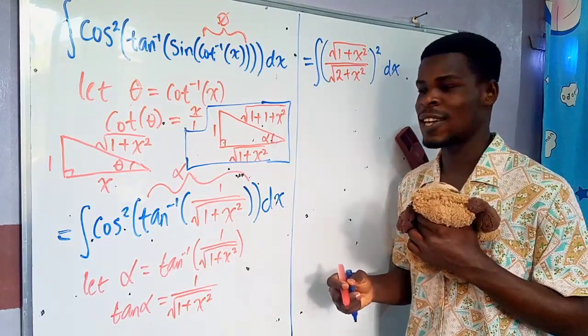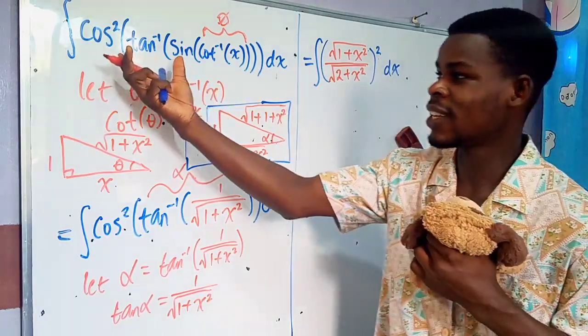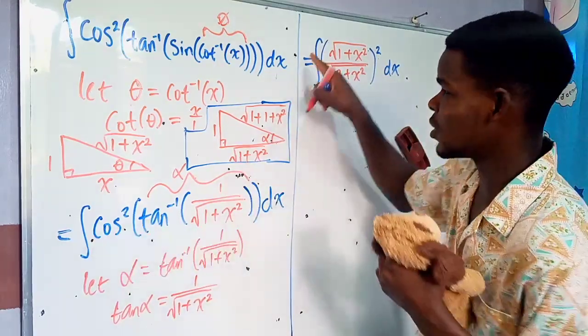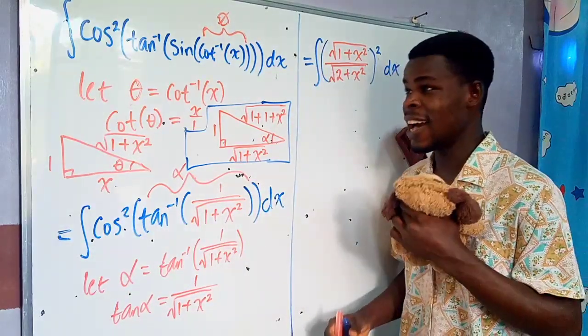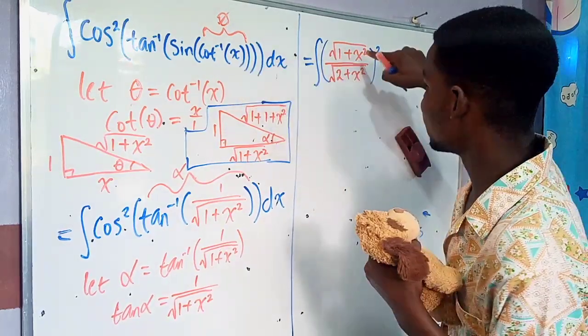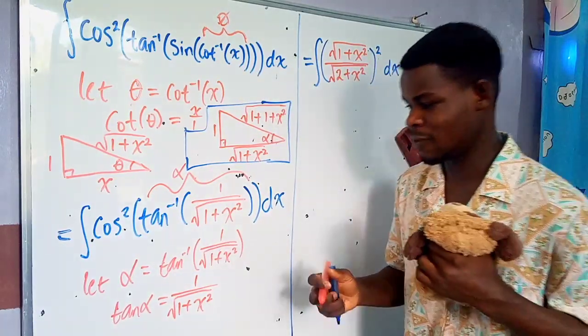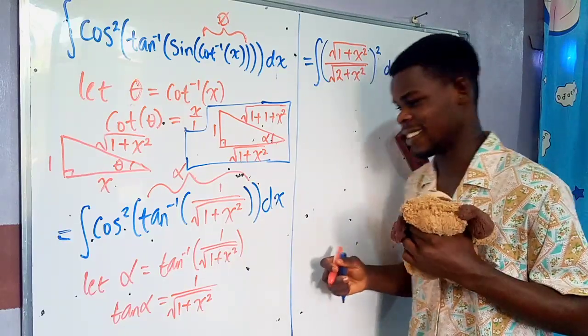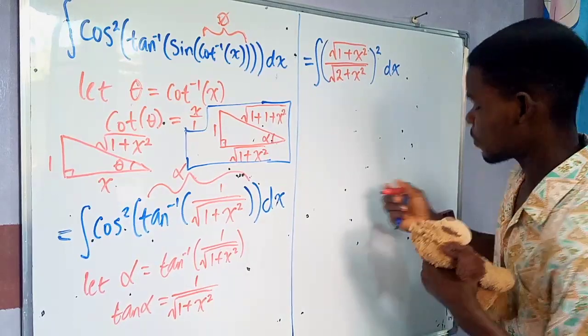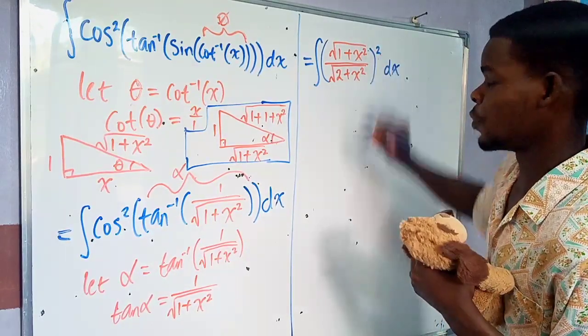Oh, take note, from here to here, they are all equal to each other. And the craziest thing is that we are still using the same variable x, and we are still integrating over the x variable. Isn't that very nice? Now we have to deal with this.